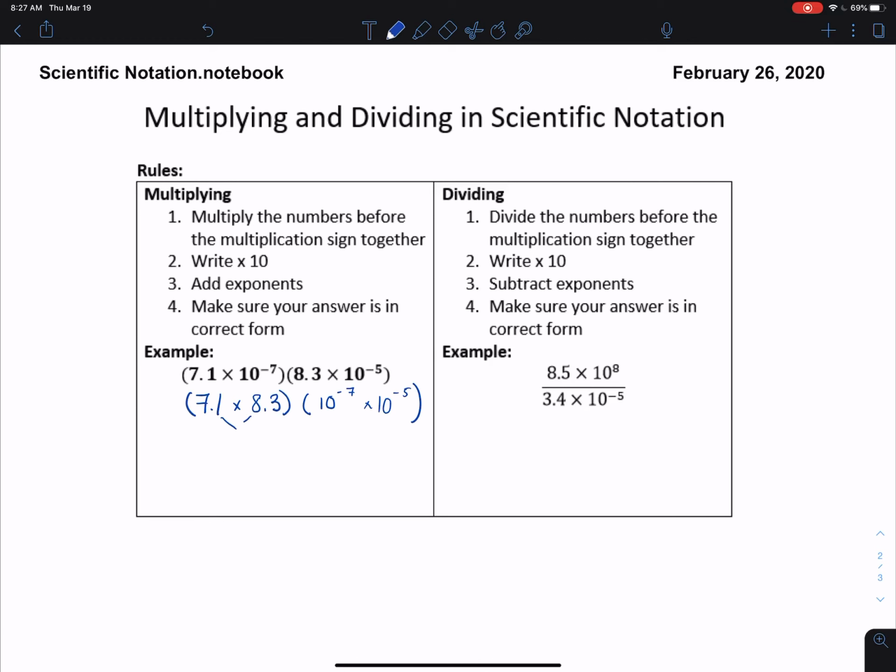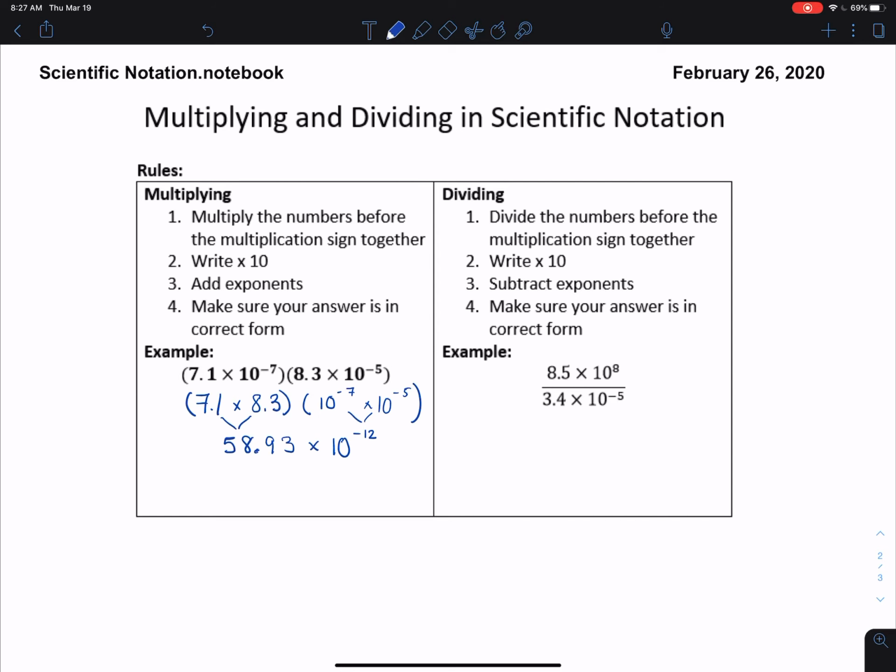When I multiply the number parts, 7.1 times 8.3, I get 58.93 times, then when I multiply powers with the same base, the base 10 stays the same, and I add the exponents. Negative 7 plus negative 5 gives me negative 12.